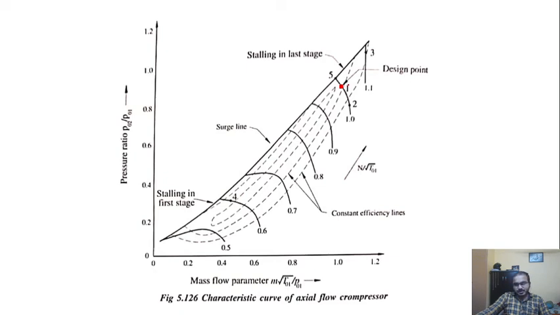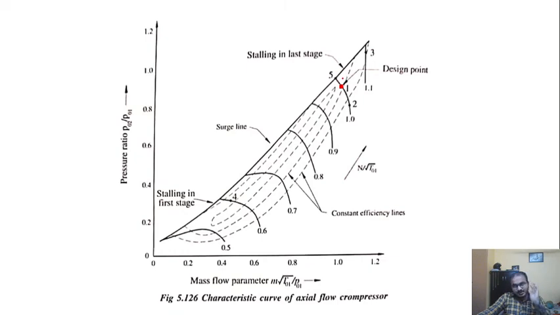So this is the best functioning point for an axial flow compressor. And if you see, point number 1 is very close to the surge line. So even if there is a small decrease in the mass flow rate, this design point is very vulnerable to reach this surge line.